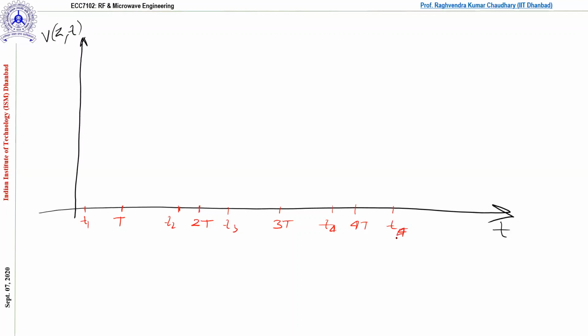I'm trying to draw here. Now what will happen? What we have seen from the table, correct, is that between 0 to t1 there is nothing, 0. So that is why this will be 0. And after t1 it goes up to V1 plus. Fine, and it remains V1 plus up to time t2.